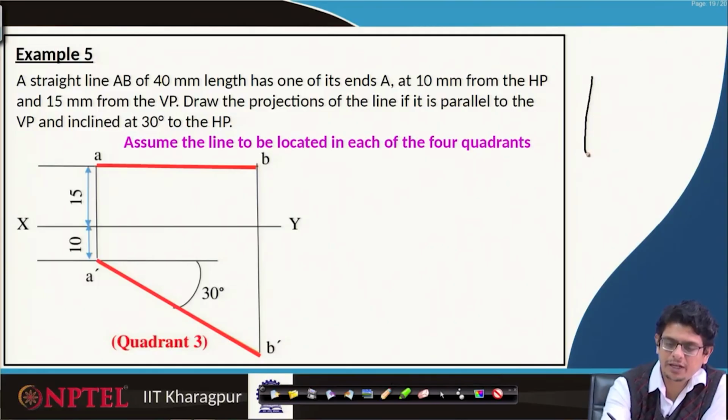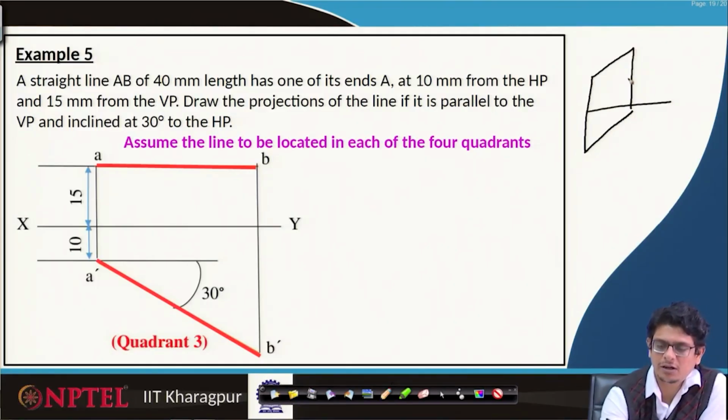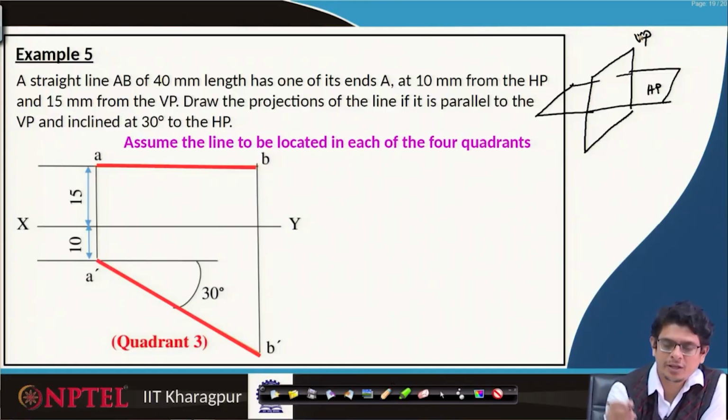First of all, have feeling, this is the vertical plane, horizontal, and your AB line, this is horizontal plane, this is vertical plane. Your A point 10 mm below HP somewhere here, and in front of it 15 mm. So, let us call point A, and it is going to make 30 degrees to horizontal plane.